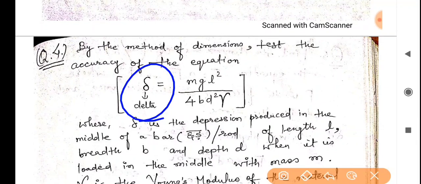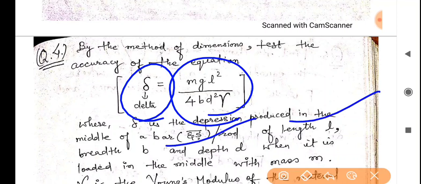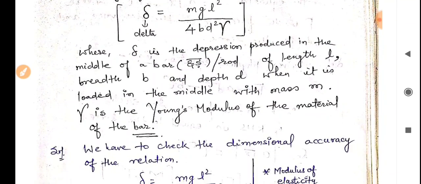Depression in the rod delta equals mgl square upon 4bd square Y, or gamma you can say, where delta is the depression produced in the middle of the bar of length L, breadth B and depth D when it is loaded in the middle with mass M. Y is the Young's modulus of the material of the bar.